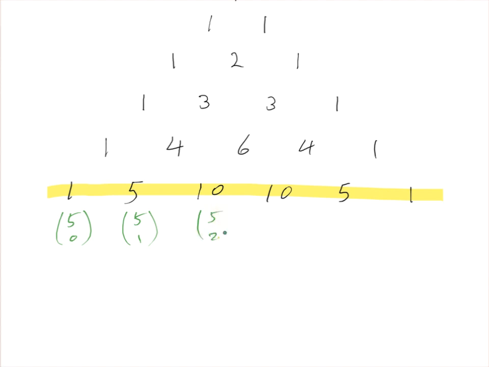Here's 5 choose 2. Here's 5 choose 3, which ought to be the same because 2 and 3 added together you get 5. And this is 5 choose 4, which is the same as 5 choose 1 because when you add 1 to 4 you get 5. And this one is 5 choose 5, which is the same as 5 choose 0.